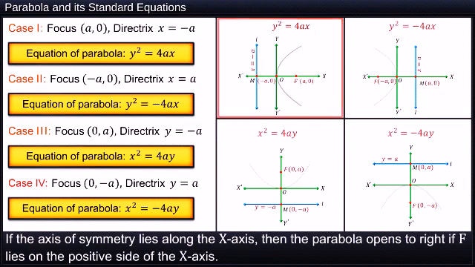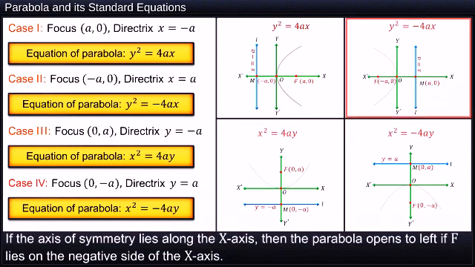Also note that if the axis of symmetry lies along the x-axis, then the curve of the parabola opens to the right if the focus lies on the positive side of the x-axis, and the curve of the parabola opens to the left if the focus lies on the negative side of the x-axis.